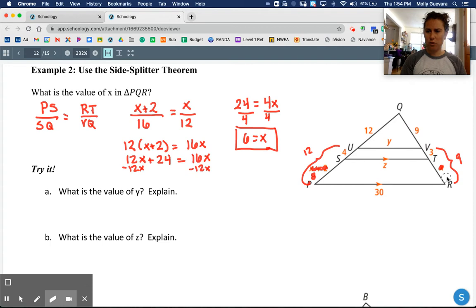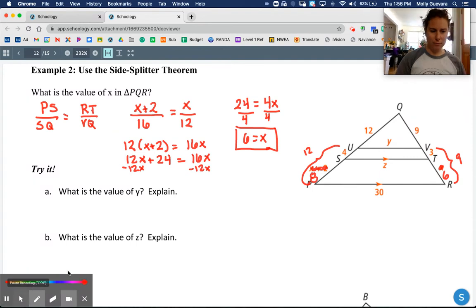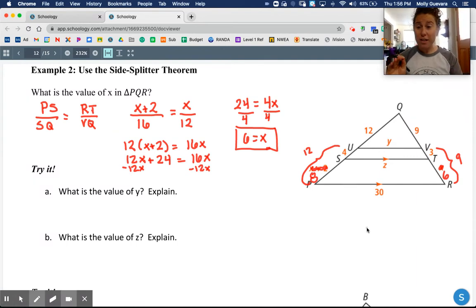That will probably be helpful on these tries here. So the two tries for you: what is the value of y? Explain. The next one is what is the value of z? Explain. Hopefully if you haven't paused it and done them, do that now.